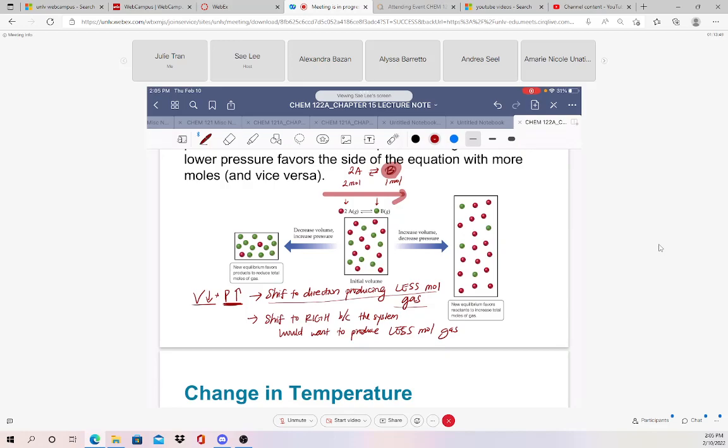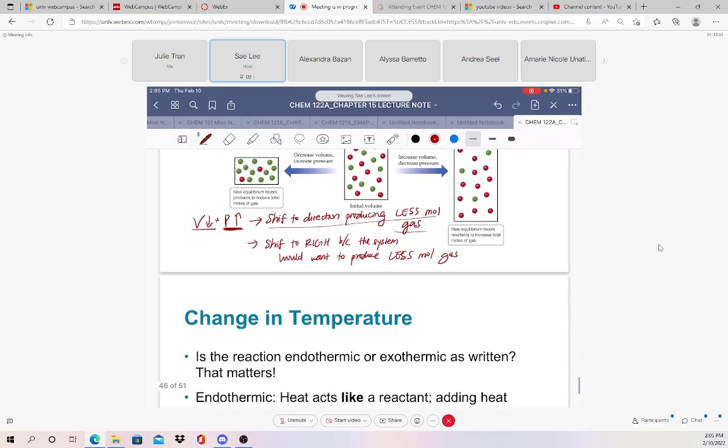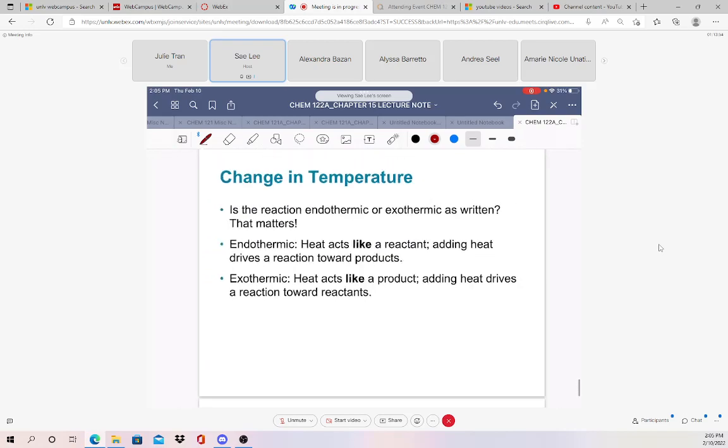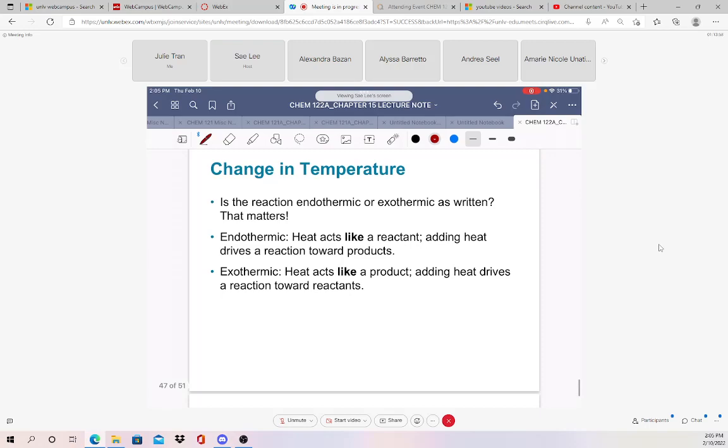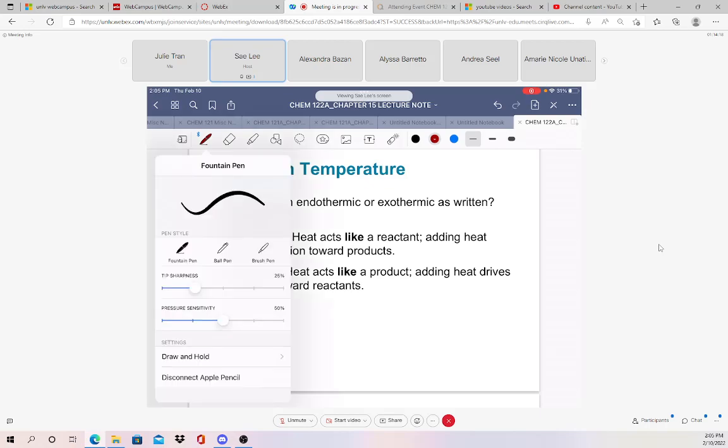I'm running out of time. The details about endothermic and exothermic reactions are not going to be included in the exam, but I will explain this regardless because you need this information to finish your homework. One important thing to note is that only temperature will change the K value.